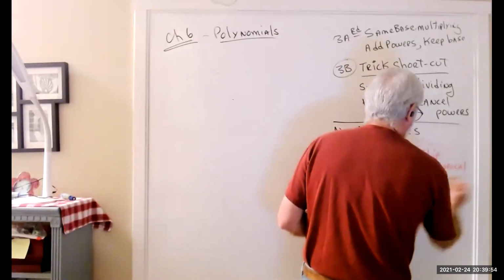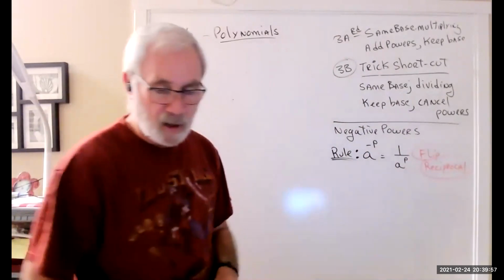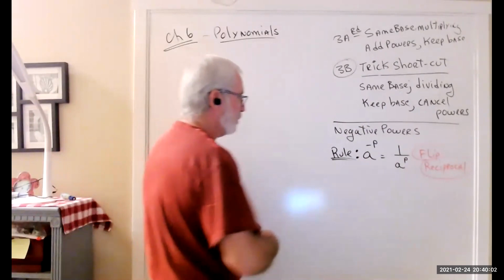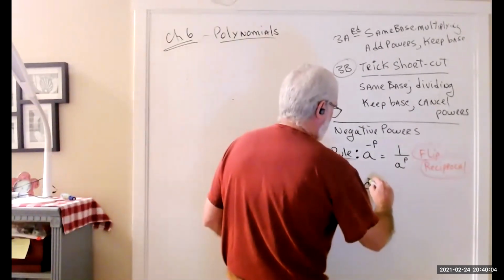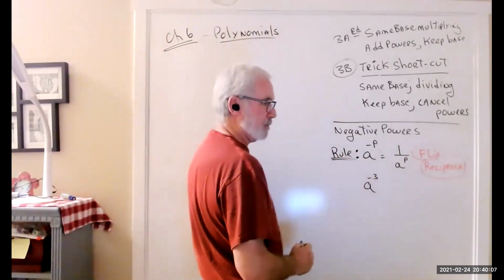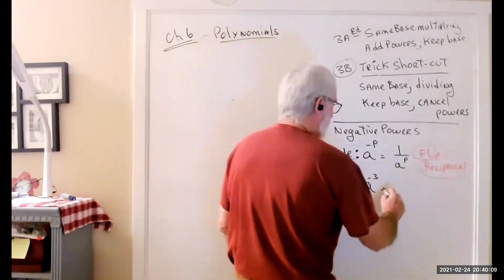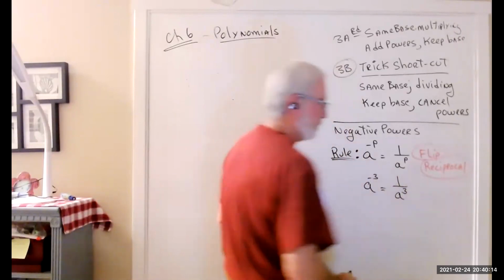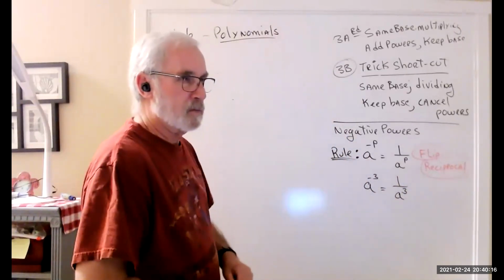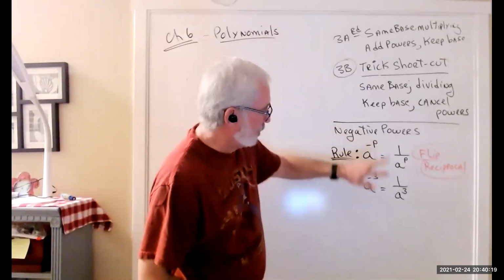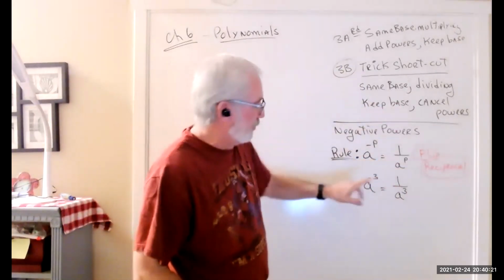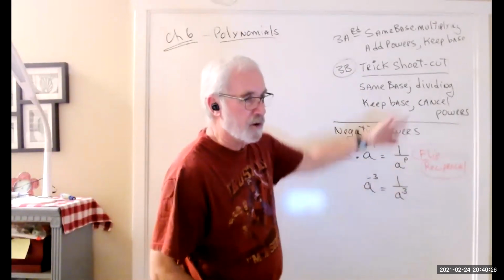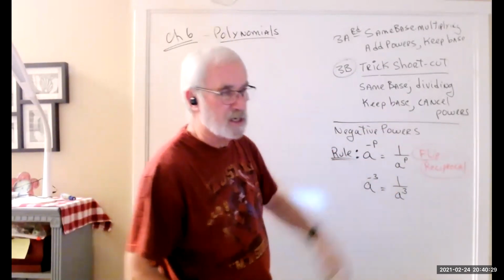In fact, if you look it up, that's what it means, the reciprocal. A negative power means the reciprocal. Example, if you have a to the -3 power, then that becomes 1 over a to the +3 power. When you flip, the power flips from negative to positive power. But notice it flipped down. It flipped to the denominator.